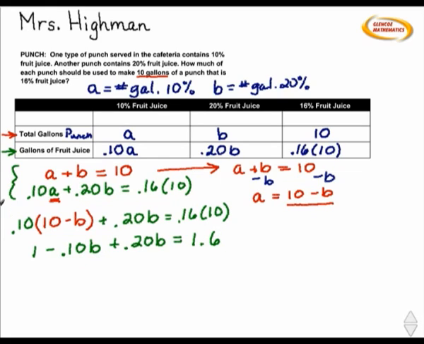We're going to combine our like terms together here. We have a negative 0.10B and a positive 0.20B. So we have 1 plus 0.10B is equal to 1.6. So now we need to get B by itself. We're going to do that by subtracting 1 first of all from both sides of our equation.